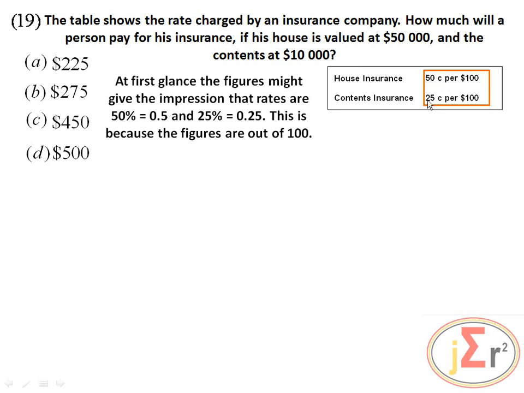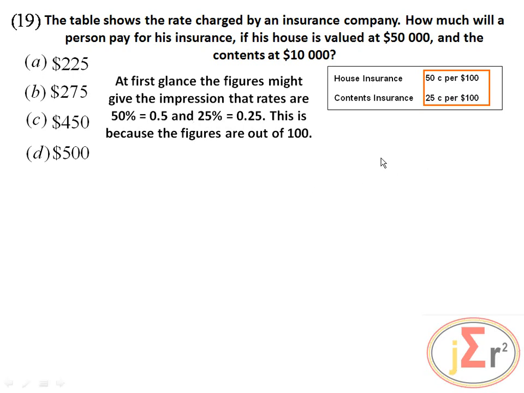Or we may say 25, 100, the rate is 0.25. This is because the figures are out of 100, as we can see right here. We are hasty to say one is 0.5 and the other one is 0.25.